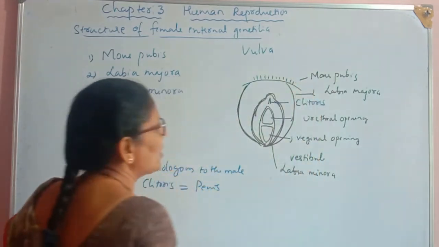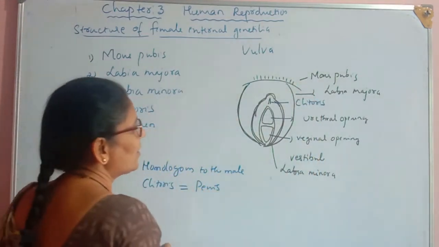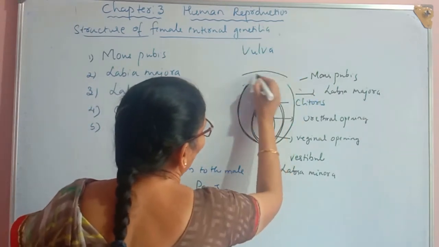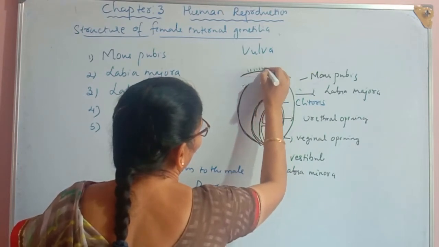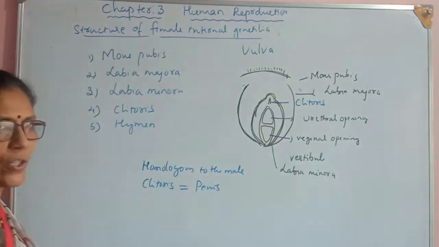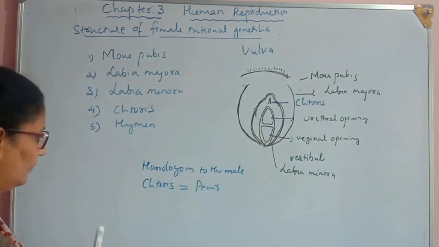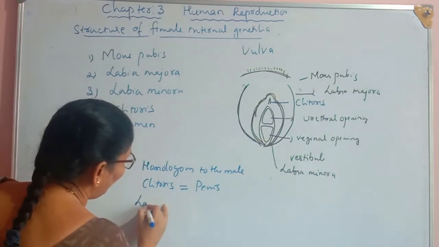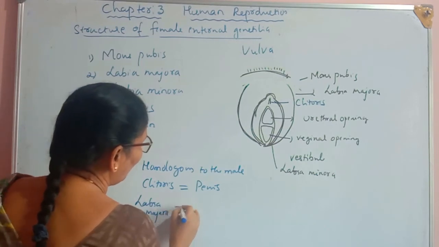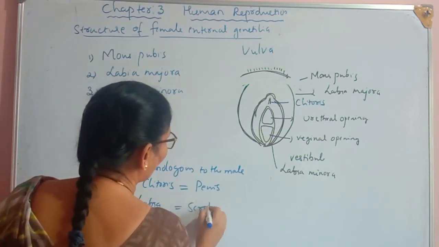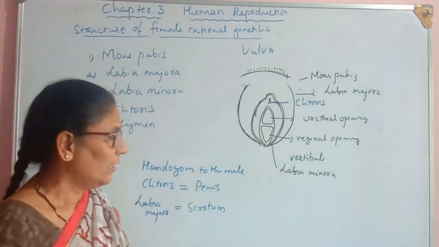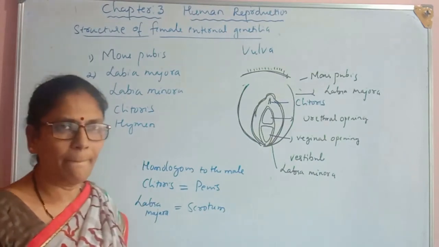Here the labia majora is homologous to the scrotum of male, a pouch-like structure where the testes are located. So that resembles the labia majora.